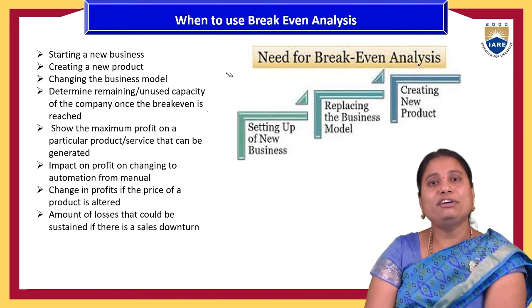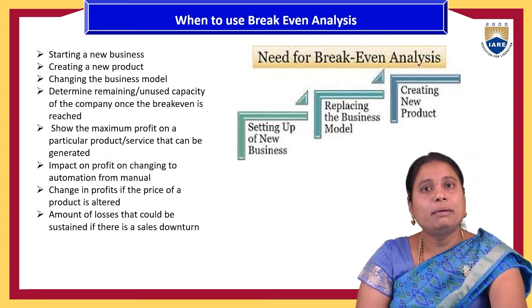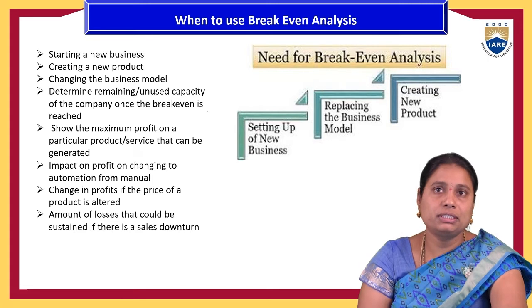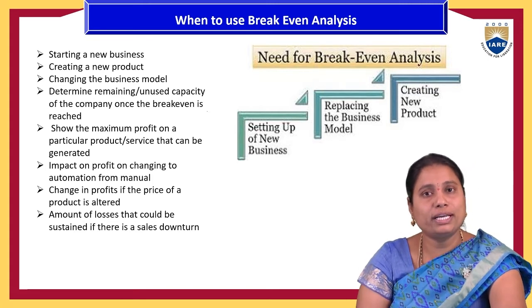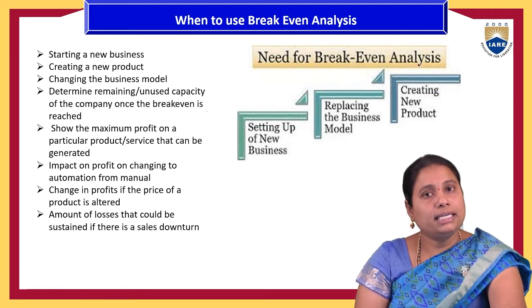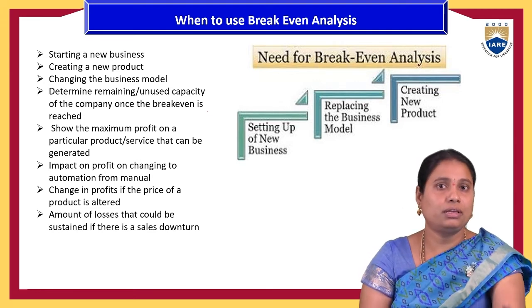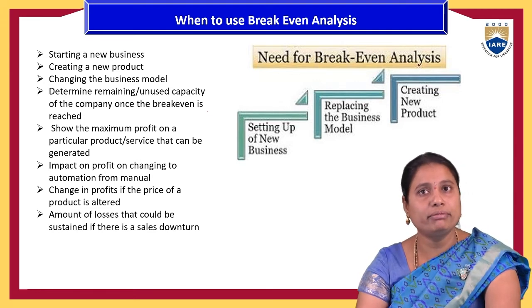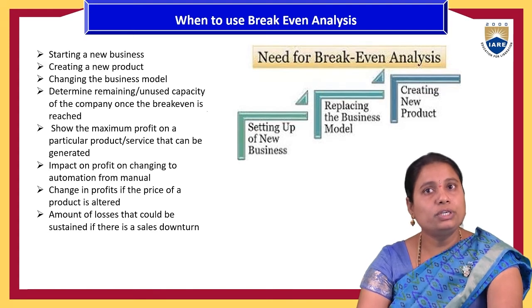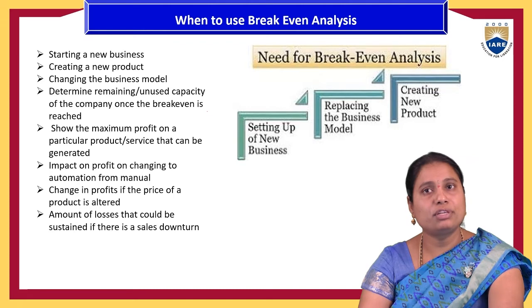The same kind of analysis regarding the business, if applicable to a particular unit of production, that is to create a new product, is also called break-even analysis applicability to create a new product. And even if they want to change the model of the business, they have to have the knowledge of break-even analysis, and to determine the remaining or unused capacity of the company.